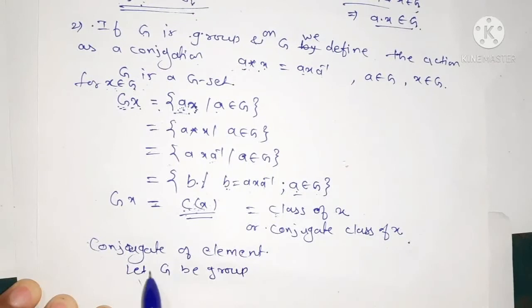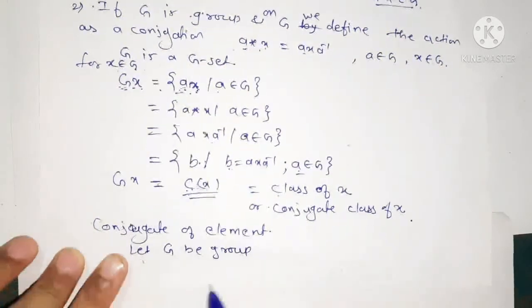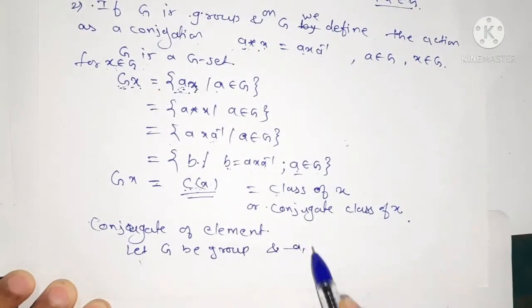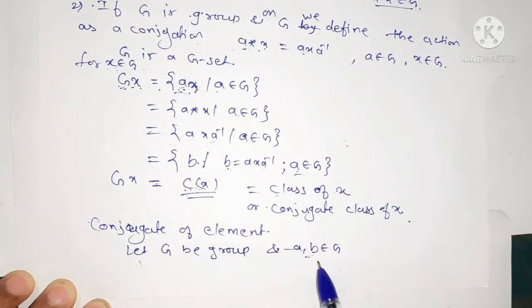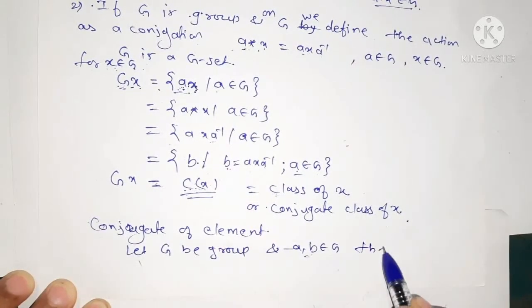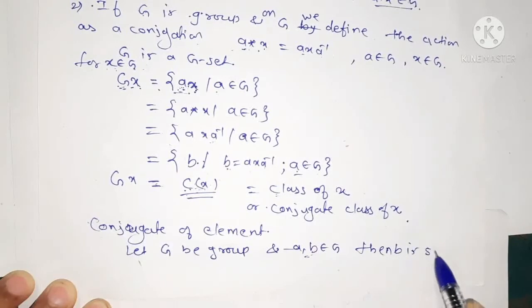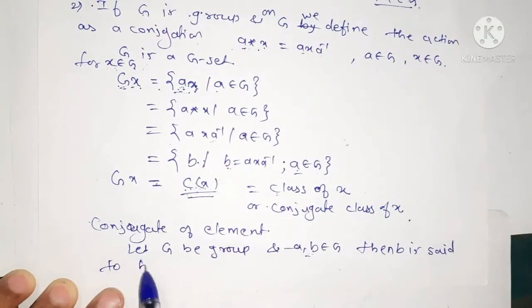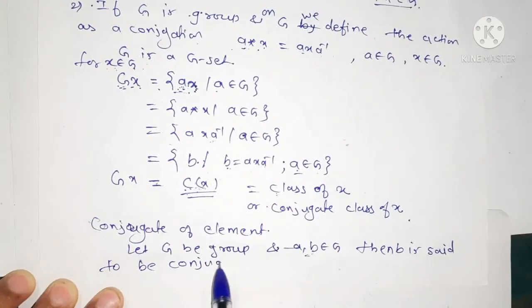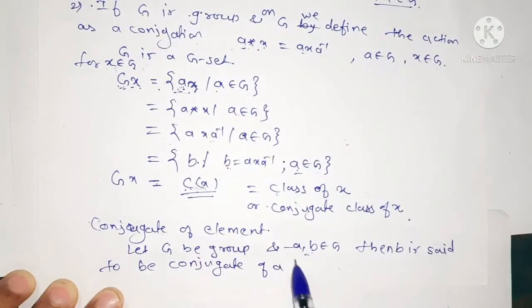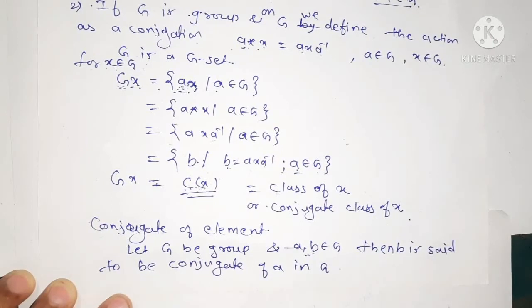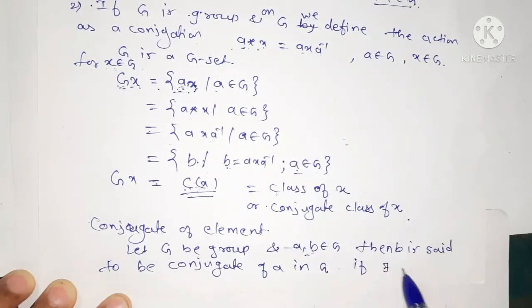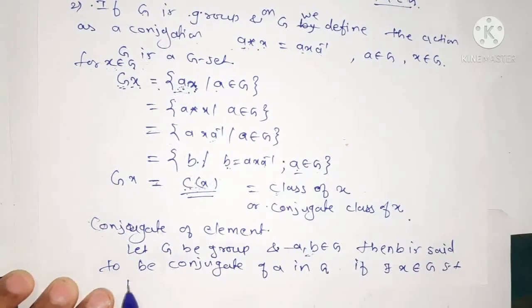If A, B belong to G are any two elements, then B is said to be conjugate of A in G, that is, B is called the conjugate element of A in G, if there exists X belongs to G such that B is equal to XA X inverse.